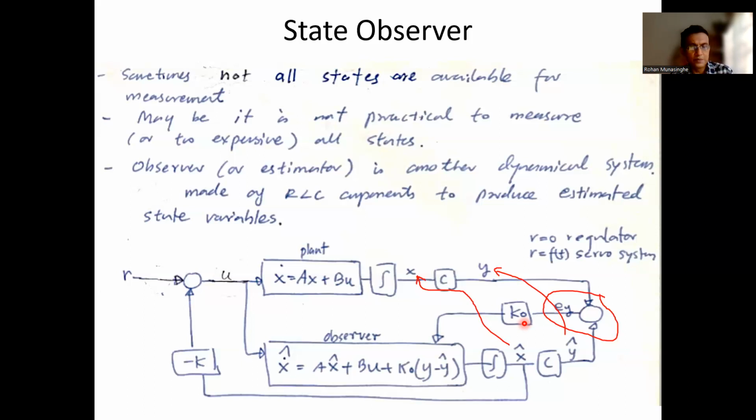So when y hat and y are equal, x hat is equal to x, right? Therefore, it's okay to feed back the state variable estimates in place of the actual state values. Is that clear? Any questions, please?